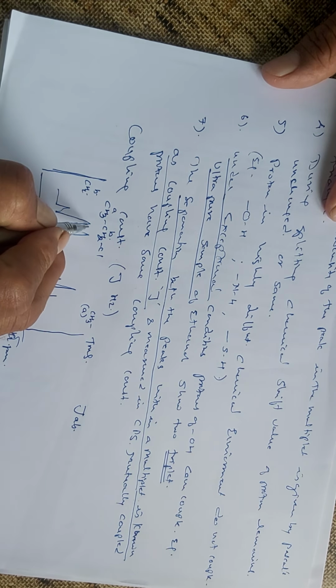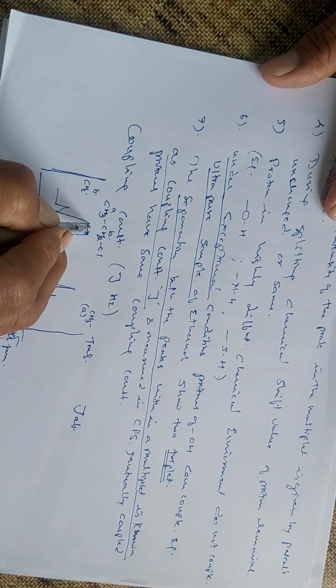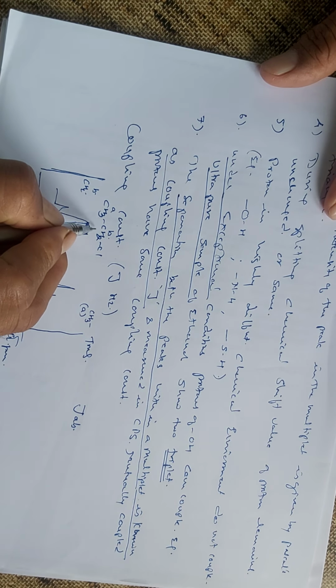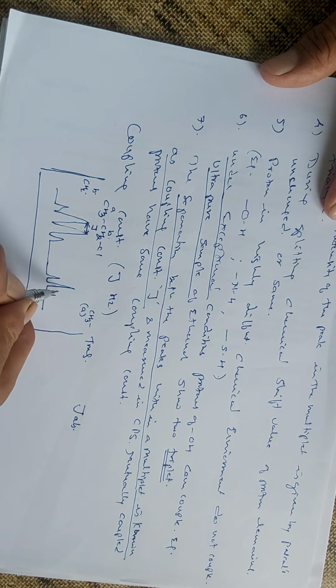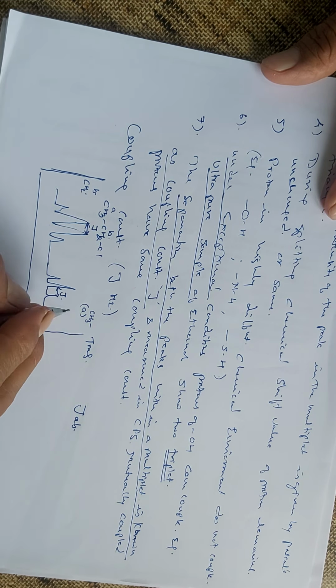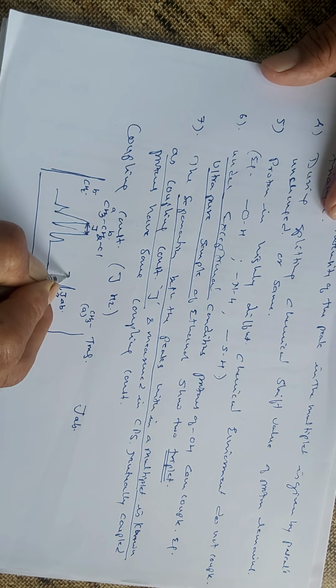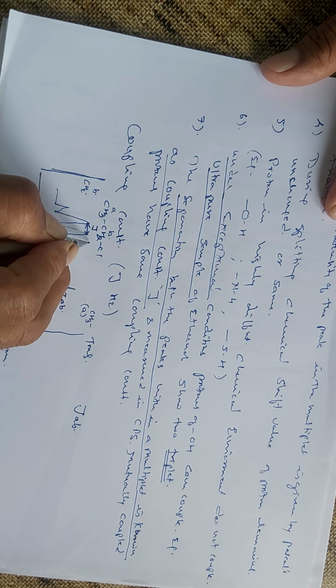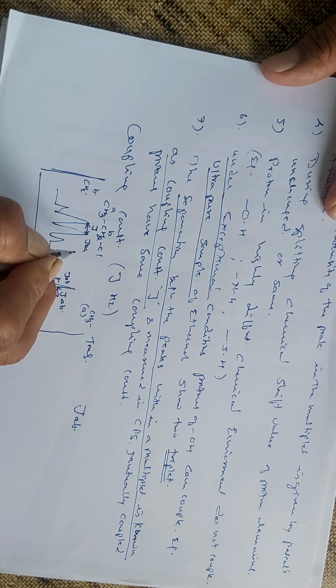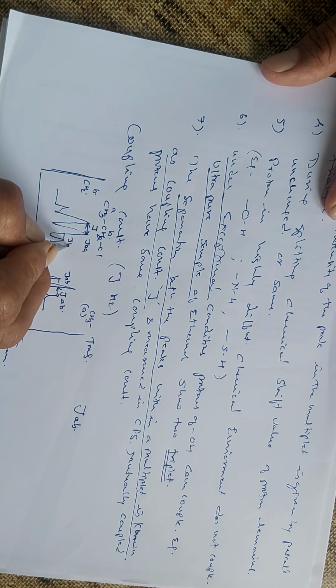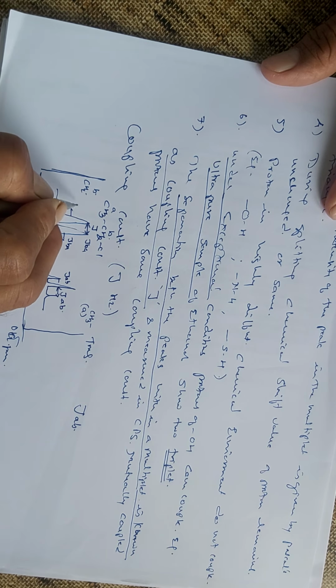JAB means this coupling constant, the separation between these peaks, is termed J. So this is your JAB, and this is your JBA.